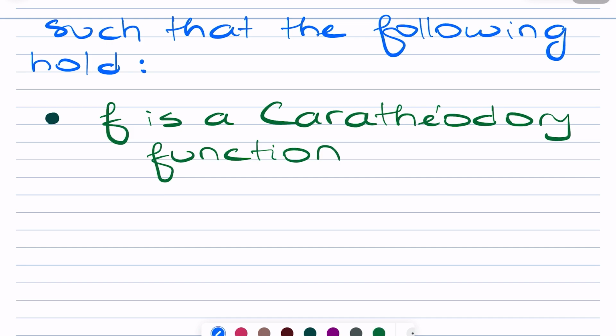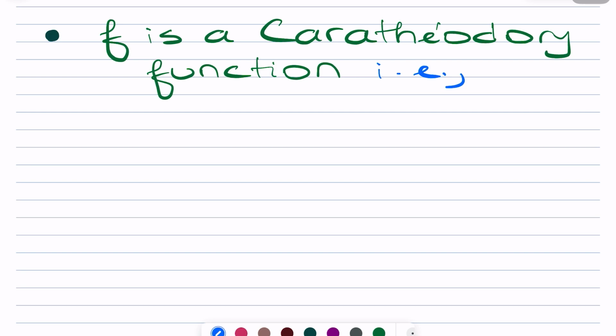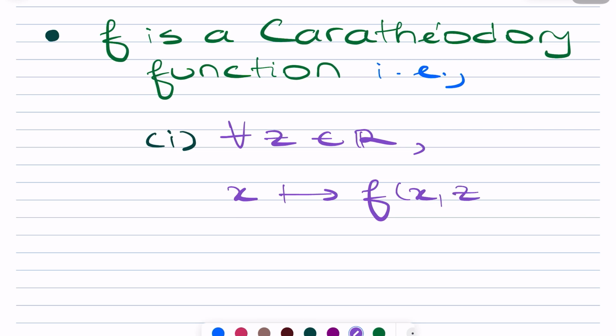So this means that for little f to be a Caratheodory function, f should fulfill condition 1. For every z in R, if you fix the second component of the function little f, then the mapping which at x associates f of x comma z should be measurable.